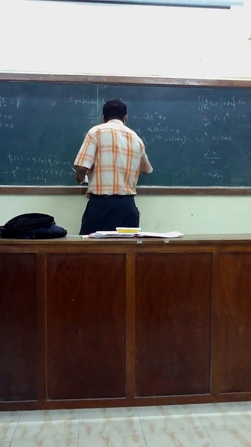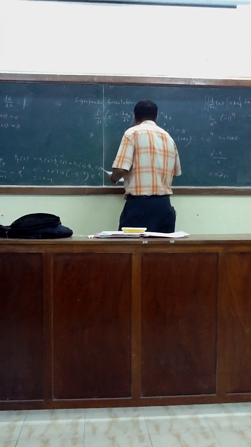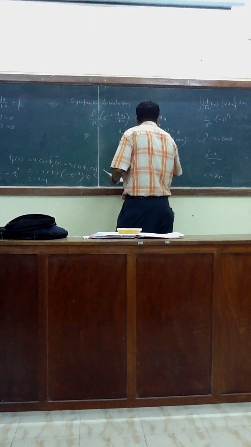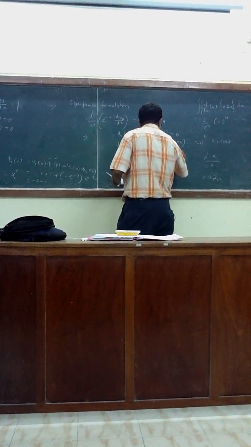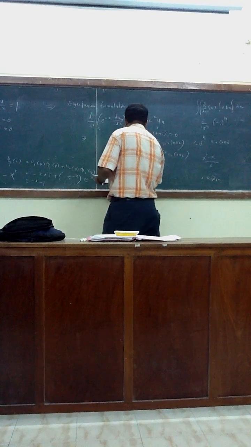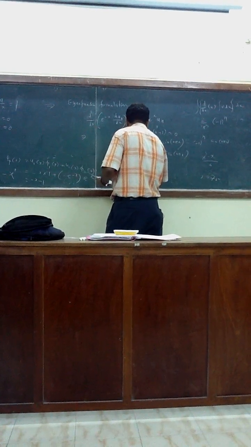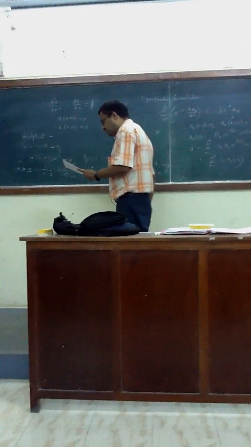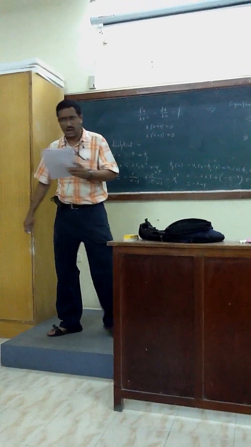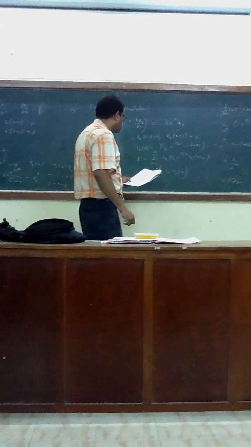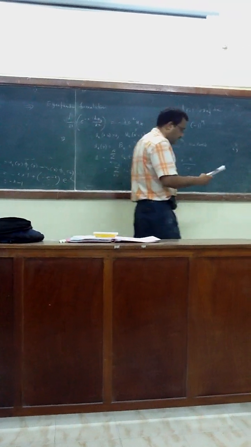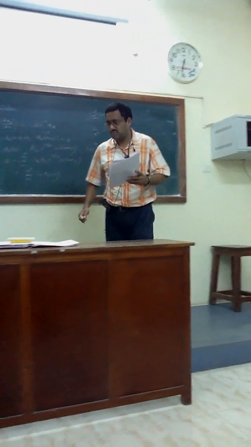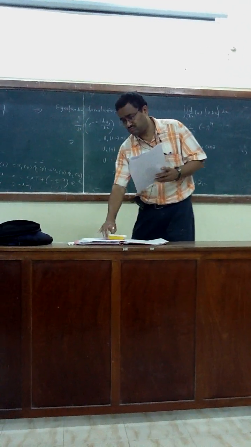Sum n equals 1 to infinity C_n B_n e to the power x by 2 sin n pi x, or you can write this as sum n equals 1 to infinity C_n u_n(x). Or you can write in terms of C_n B_n as D_n. Okay, next step, how to find C_n?